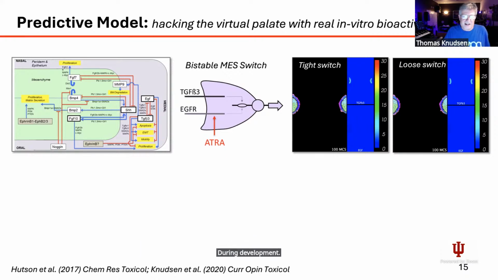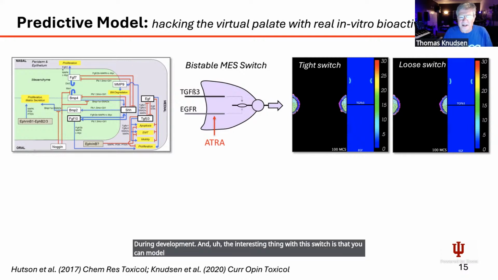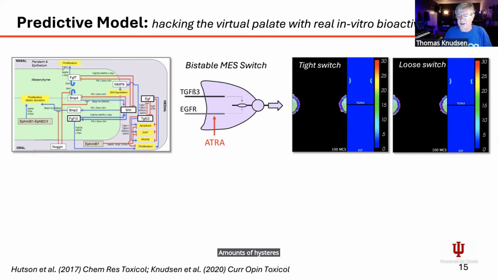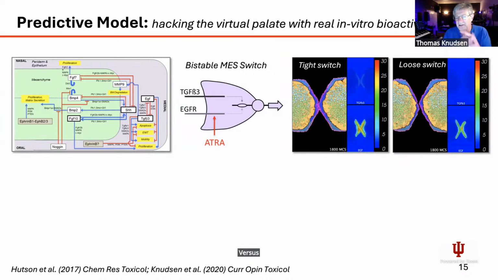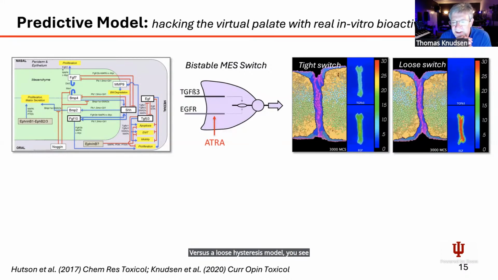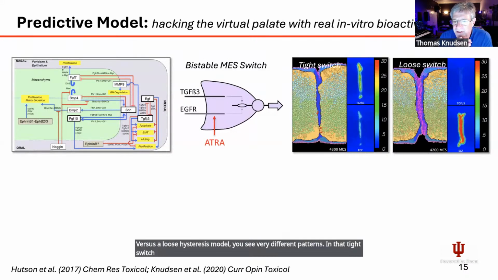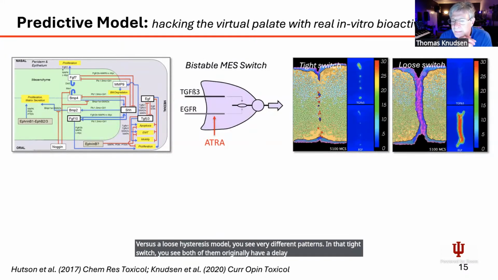And the interesting thing with this switch is that you can model different amounts of hysteresis in the model, as he showed. If you have a tight hysteresis model versus a loose hysteresis model, you see very different patterns. In that tight switch, you see both of them originally have a delay in medial edge breakdown.